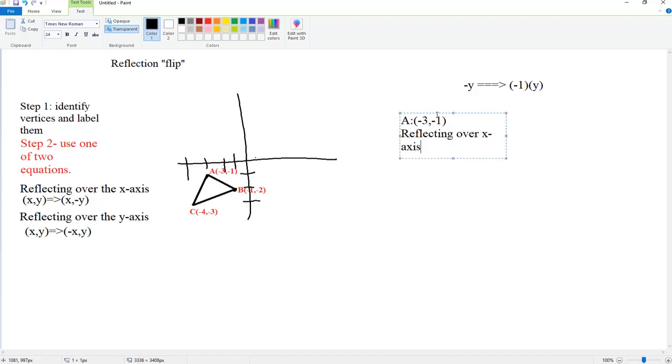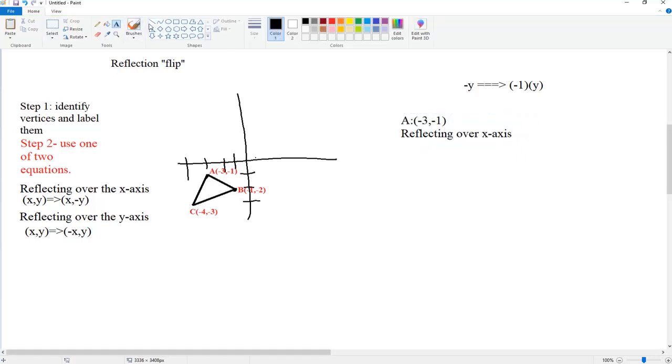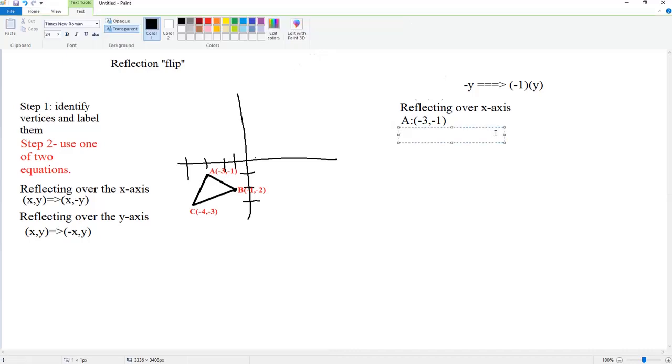Let's do that one first. This is our original point. So our equation is going to be this one over here. This is the same for every single reflection over the x-axis. You don't need to change it up like you did for translation, where it depended on where you're going.